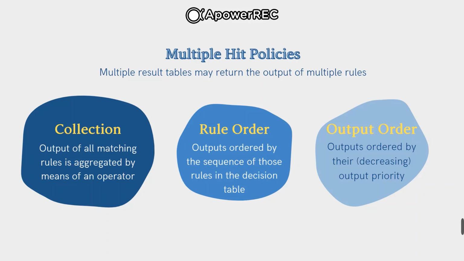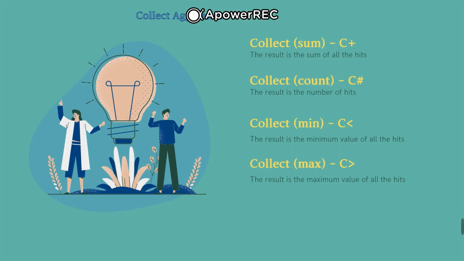And the last is the collect multiple hit policy, where the output of all matching rules is aggregated by means of an operator. So we have different types of collect aggregations, which are collect sum, collect count, collect minimum, and collect maximum. Collect sum adds up all the matching rules' distinct outputs and can only be used with conclusion information in the domain integer, number, or money.